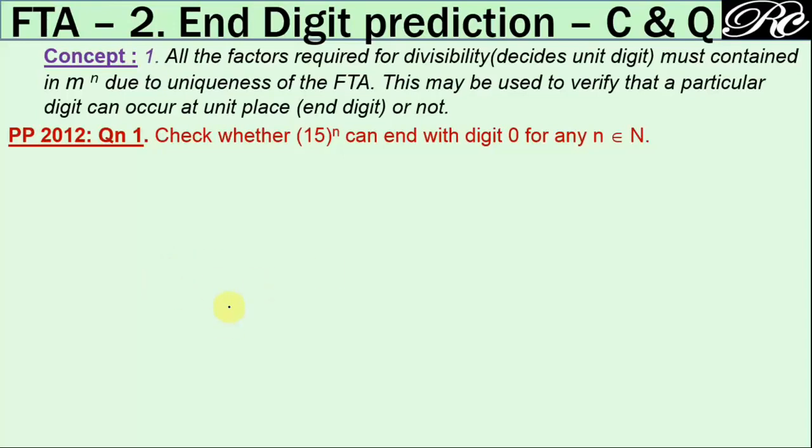Means what will be the unit digit of a given exponent, given m to the power n, that can be predicted.